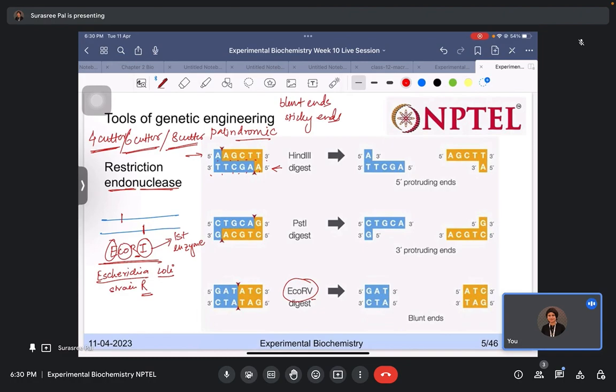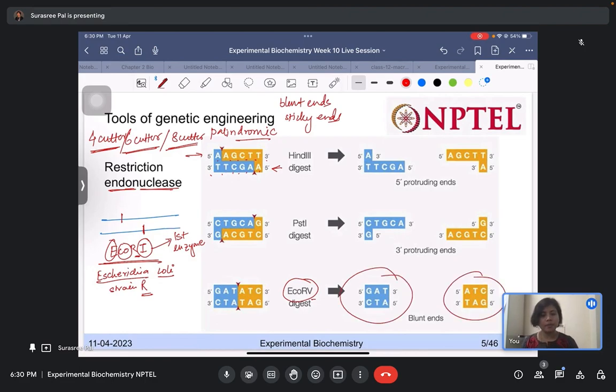So blunt ends are basically the ends where there is no overhang. So for example, this type of cut site where the enzyme can recognize this particular sequence and cut it from the middle. So when the enzyme cuts it from the middle, then it produces these blunt ends.